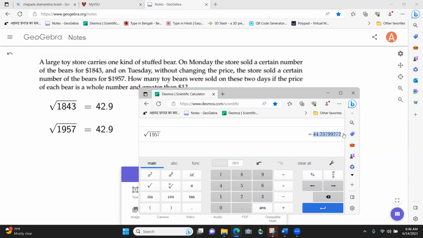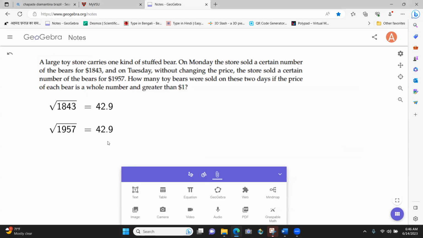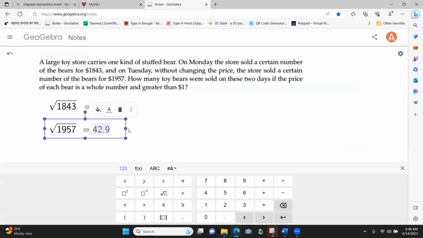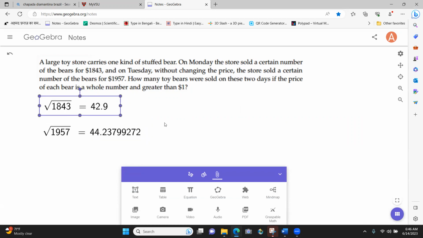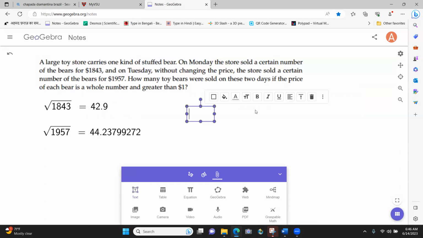That sounds about right. Okay, so to test the factors, they turn out to be prime, of 1957 and 1843, you have to test up to 42 for 1843 and up to 44 for 1957. So it's not unbearable.